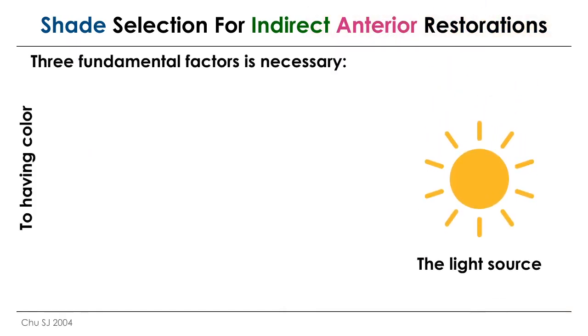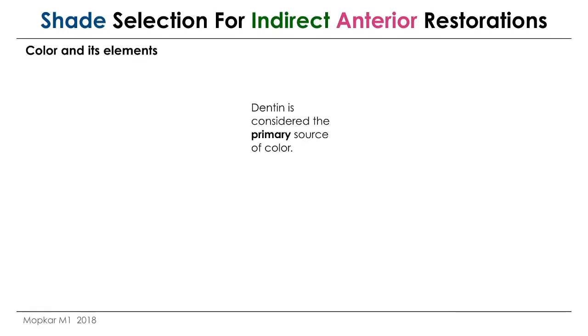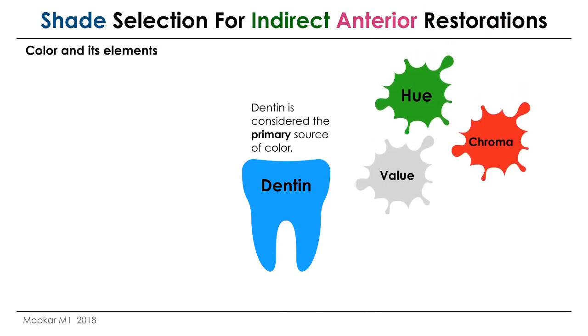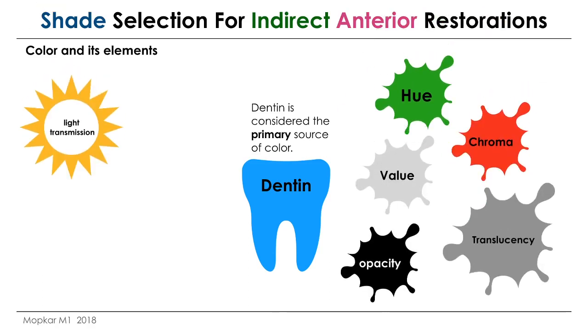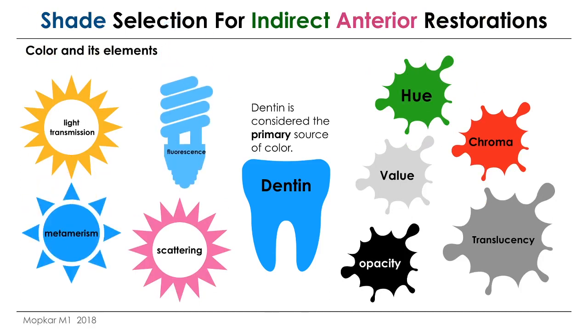We have three factors to have any color: first, the light source, the object, and the observer. We know that dentin is considered the primary source of color, and there are many elements that affect color, like hue, value, chroma, translucency, opacity, light transmission, scattering, metamerism, and finally fluorescence.